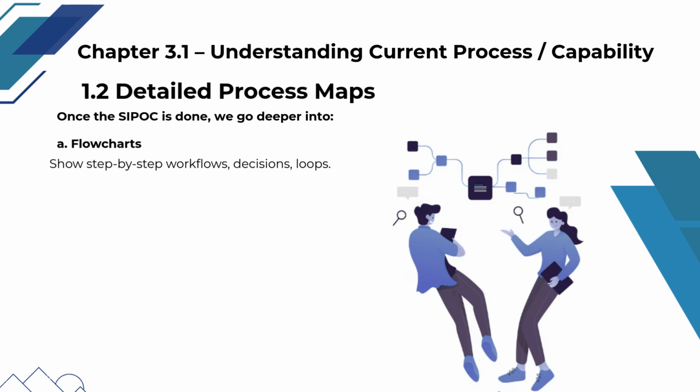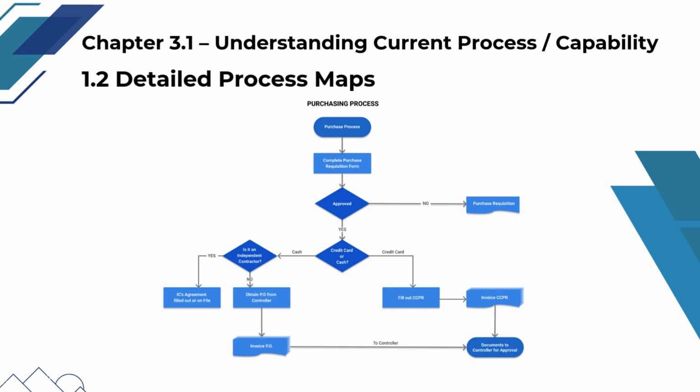DMADV phases. This detailed process map uses a flowchart to show how the purchasing process actually operates step by step, including approvals, decision points, alternate paths, and loops. By visualizing activities such as requisition creation, approval decisions, payment method selection, and documentation flow, the team can clearly see where delays, rework, handoffs, and control points exist.